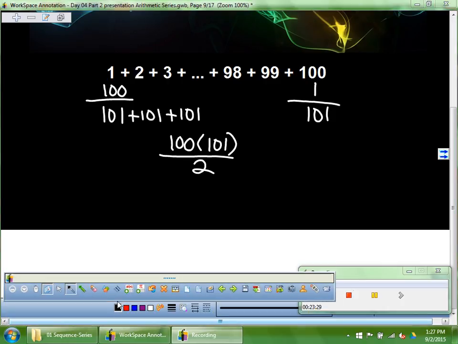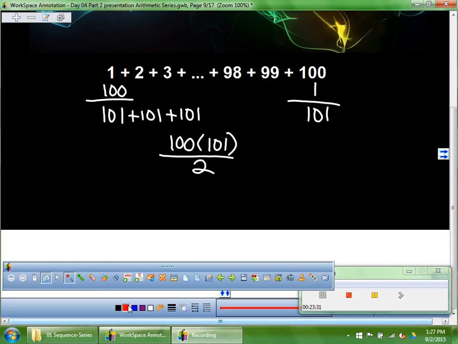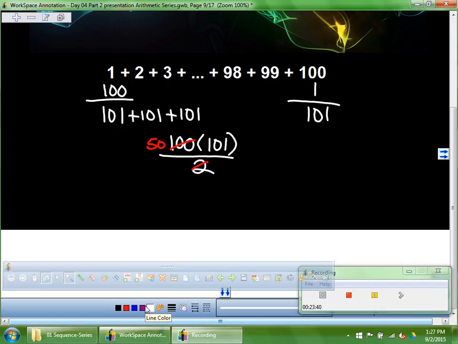See what he did? Then he said, okay, so half of 100 is 50. Therefore, 50 hundredths is 5 hundredths is 500. Add the 0, 5,000, plus 5 ones.